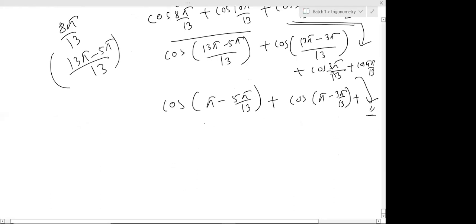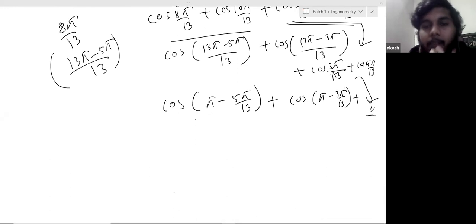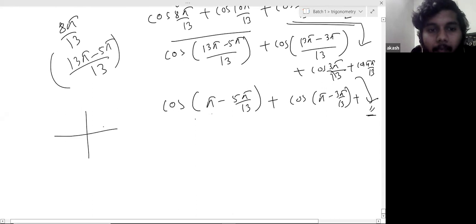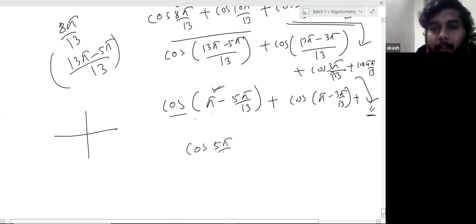All right, Gautam, what is cos of pi minus theta? Don't remember, sir. You don't remember. See, whenever you have pi, 180, or anything like that, cos remains cos, and you get theta.